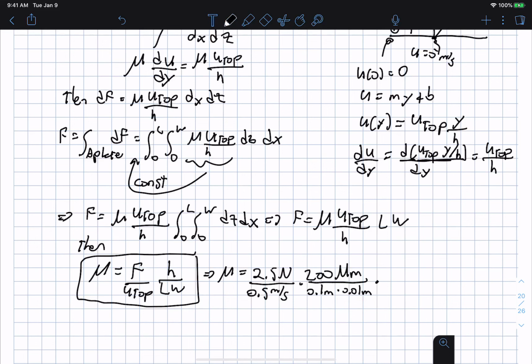Simple conversions like that you can do. But again, if there is a number, then there is a unit attached to that number. Then we convert micrometers to meters, so we have 1 meter per 10 to the 6 micrometers. You punch the numbers into your calculator, and you find that mu equals 1 newton second per meter squared.